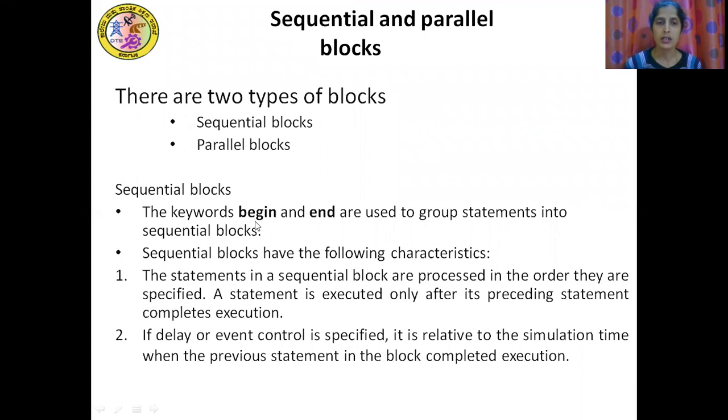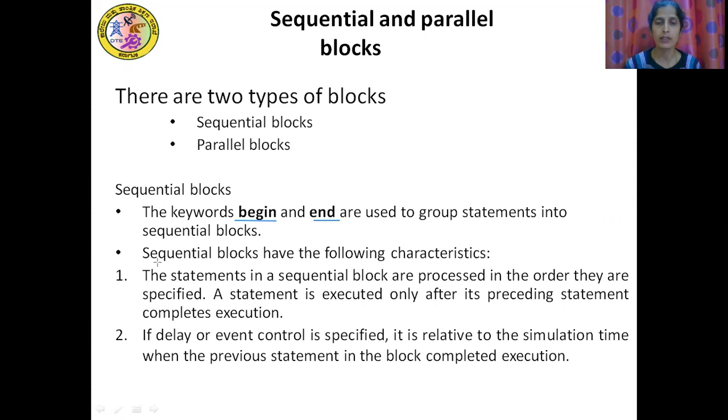The keywords begin and end are used to group statements into sequential blocks. It means if the execution of statements is to be sequential in nature, then we need to enclose them between begin and end keywords. If we enclose the statements between begin and end, then they constitute a sequential block.